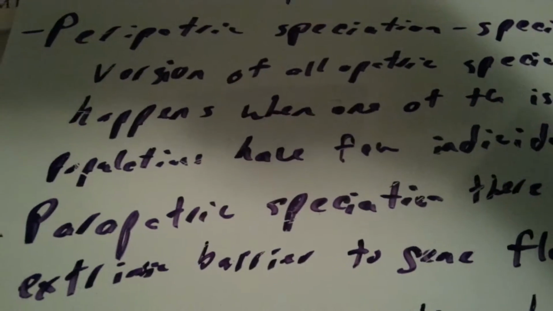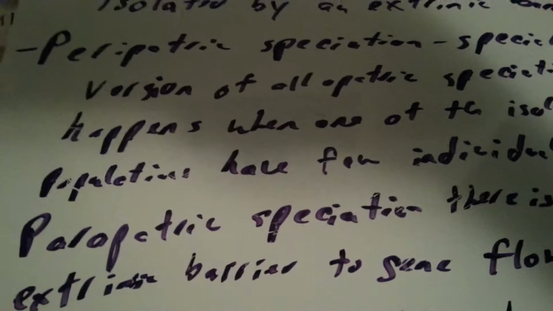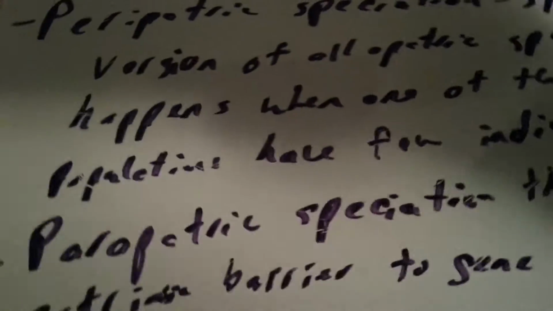Of course, allopatric speciation is speciation in which biological populations are physically isolated by an extrinsic barrier, which is mountains, rivers, things like that. New river flows, mountain peaks, things like continental drift.